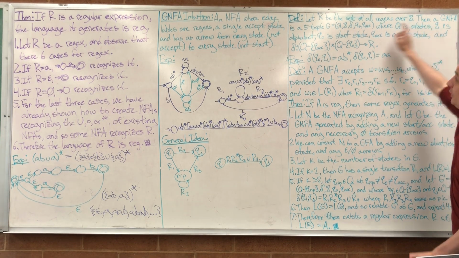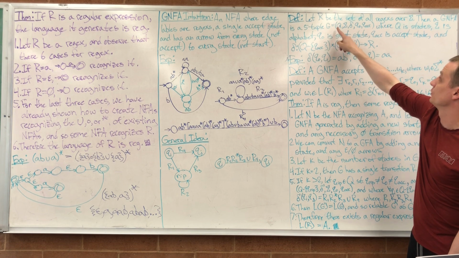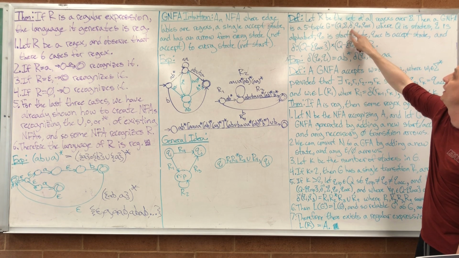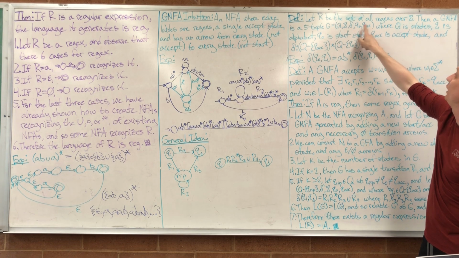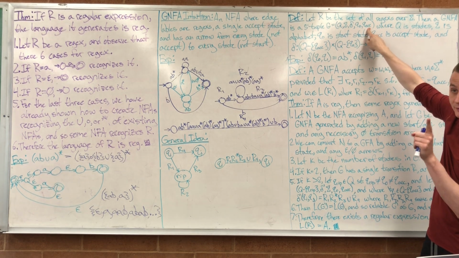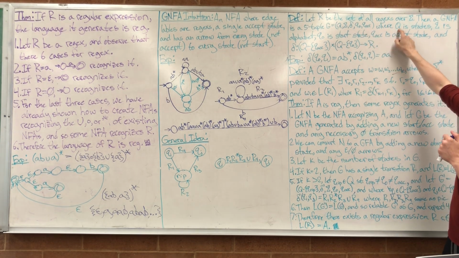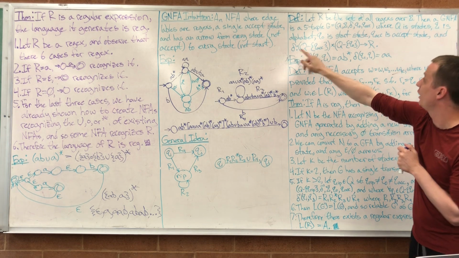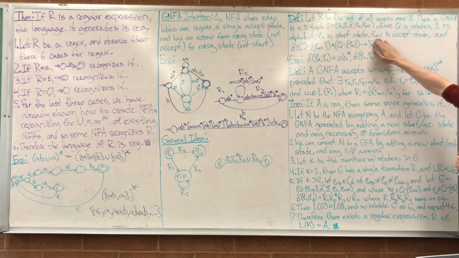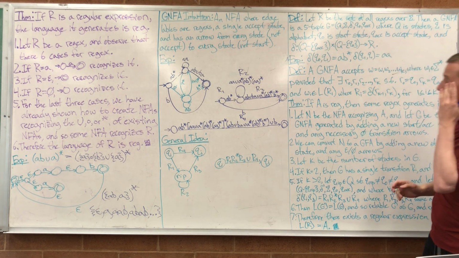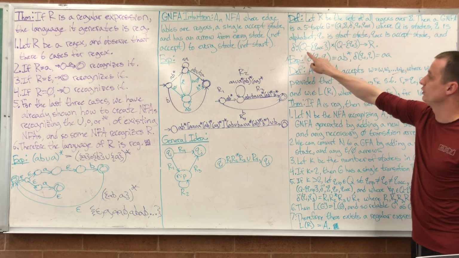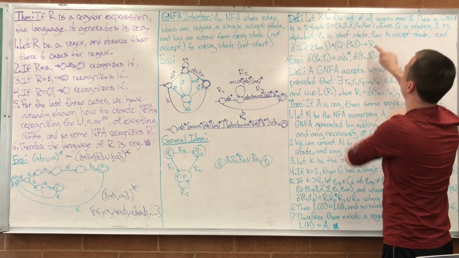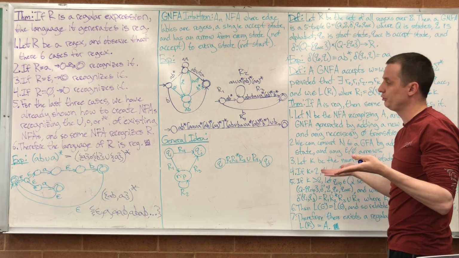Then, a GNFA is a 5-tuple: our set of states, our input alphabet, our transition function, our start state, and our accept state. Remember, we only have one accept state with a GNFA. Q is the states, sigma is the alphabet, Q naught is the start state, Q accept is the accept state, and then our transition function. You give it two states and it spits out the regular expression connecting those two states.